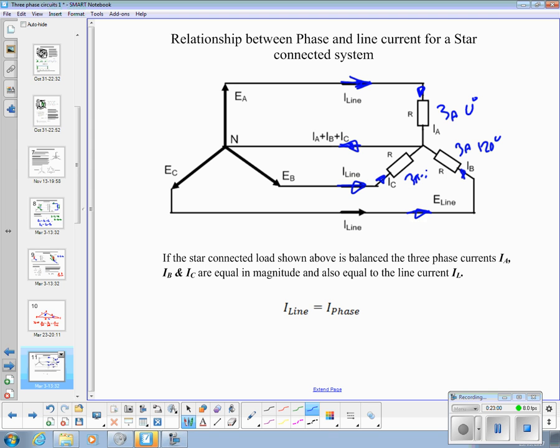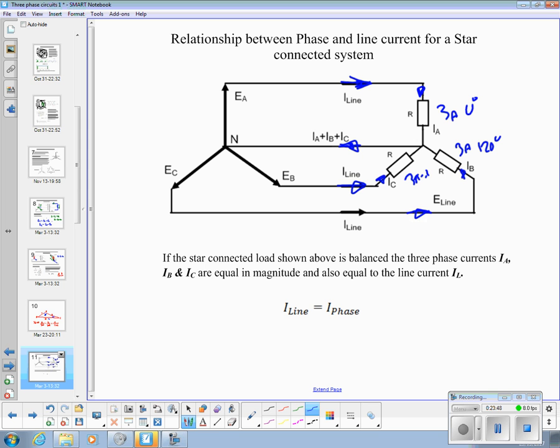Two ohms resistance, three ohms inductance.